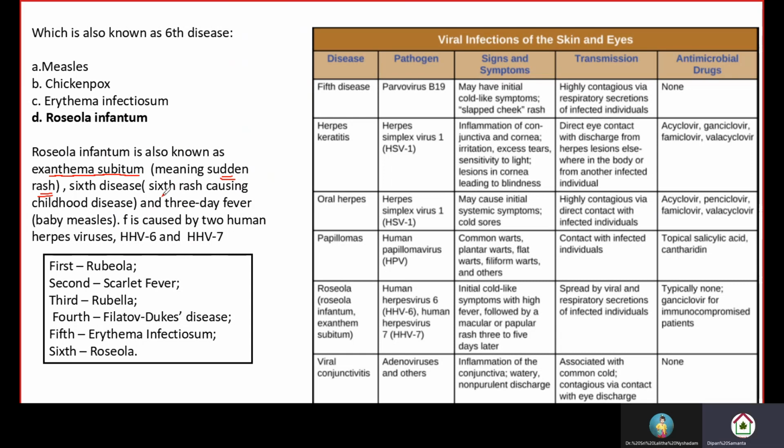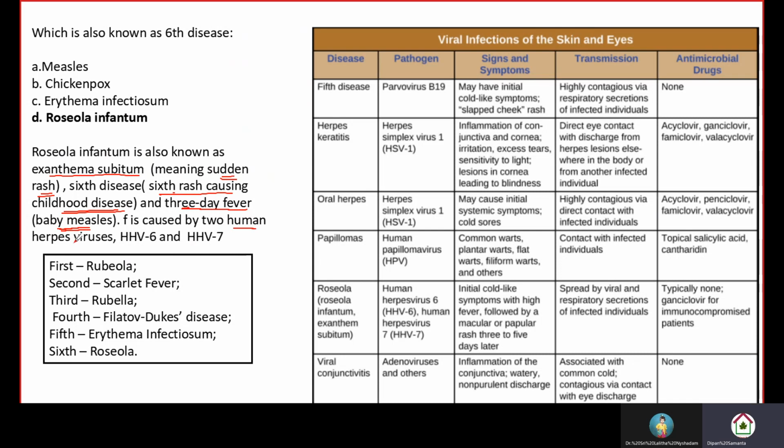Sixth disease means the sixth rash causing childhood disease. We will revise the rash causing pediatric diseases. Also, 3-day fever, that is baby measles.